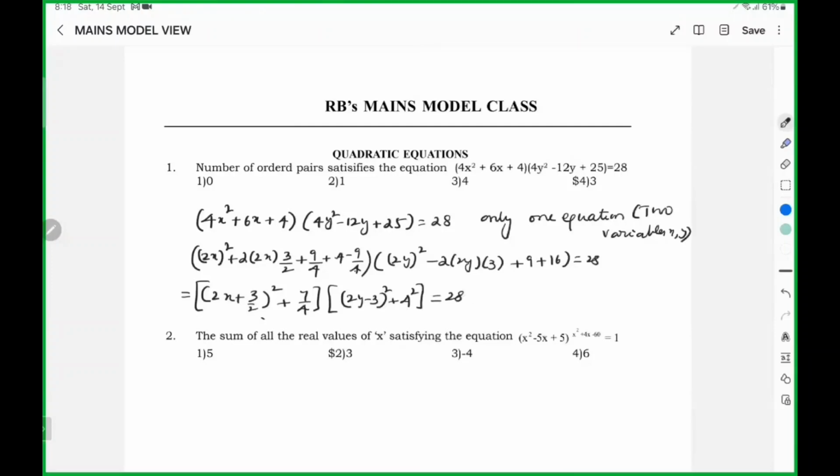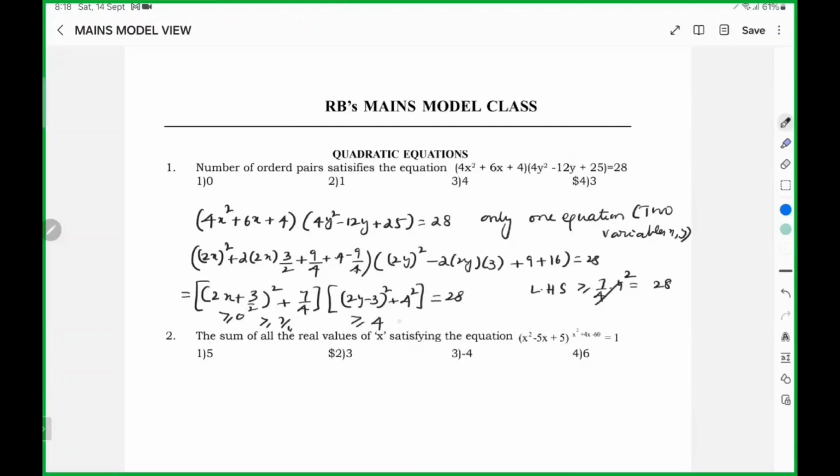But LHS is greater than or equal to 7 by 4 because the square is also greater than or equal to 0. It is greater than or equal to 4. LHS is greater than or equal to 7 by 4 into 4 square, so that is 28.